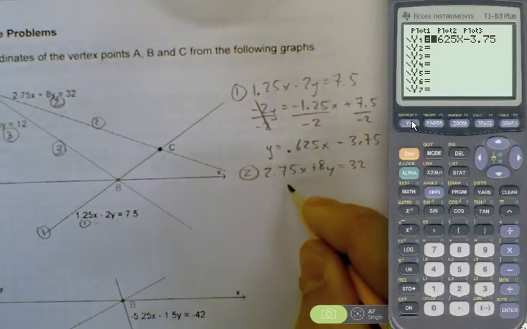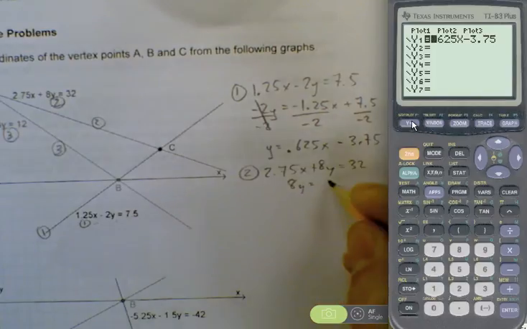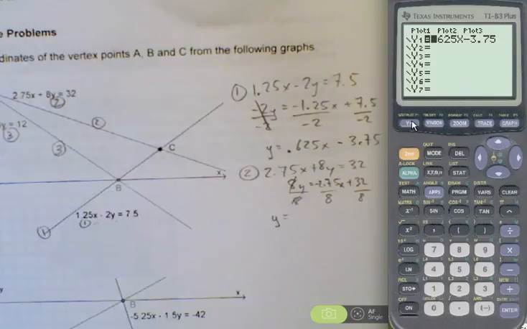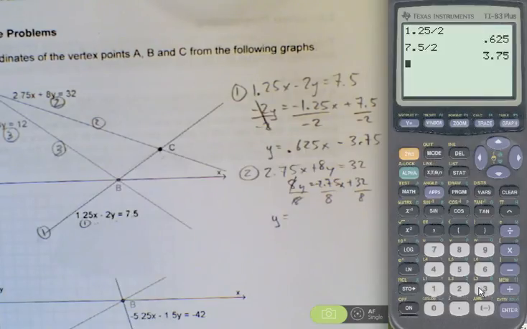So I would just go 8y equals negative 2.75x plus 32. Divide everything by 8. Oops, and there should be an x there. And if you do that, you're going to get y equals. And if you want, you can again do this as a fraction.